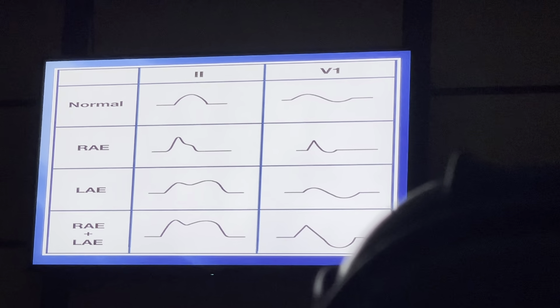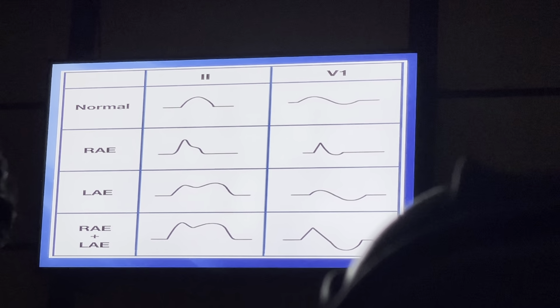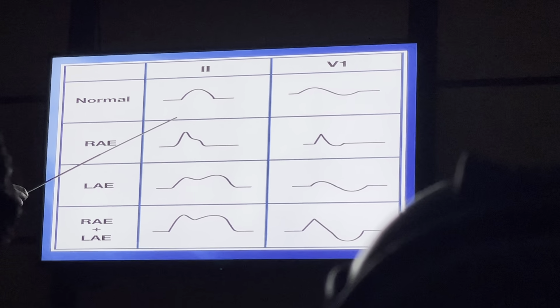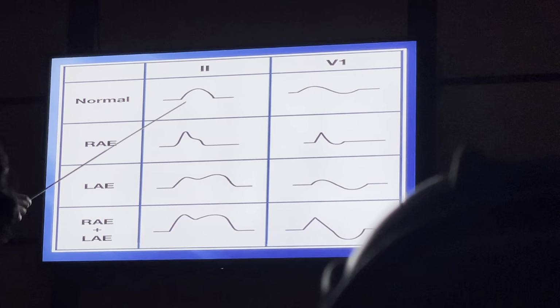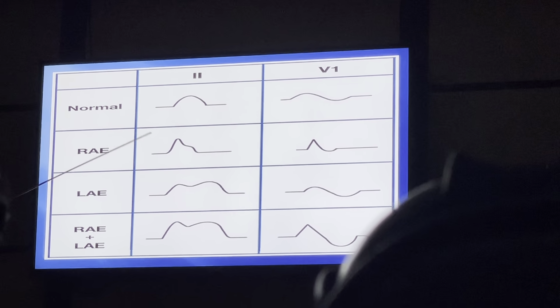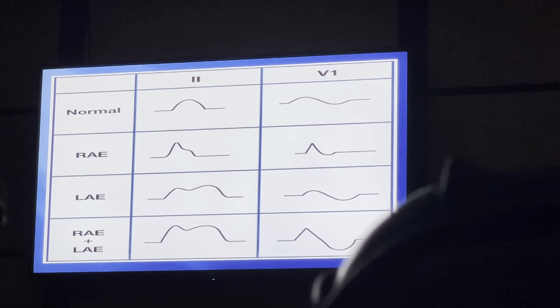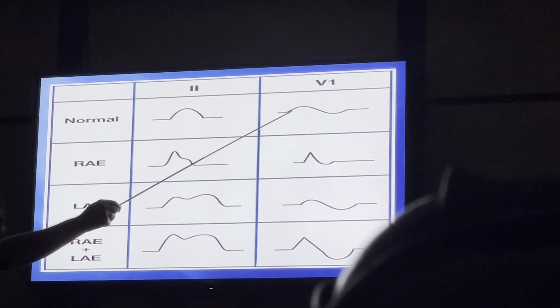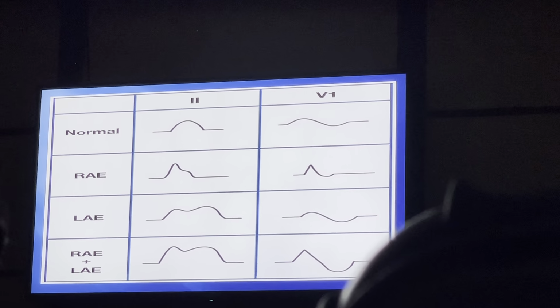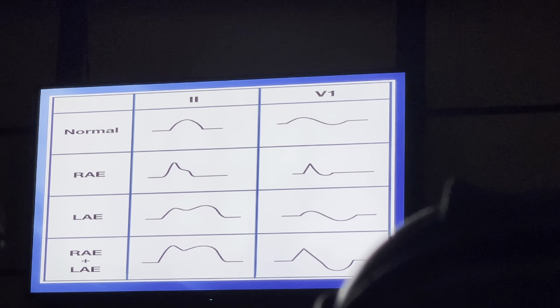Next, these are the normal and abnormal shapes of the P wave. As we have discussed, the normal P wave is 2.5 small squares high and 2.5 small squares wide, and in V1 it has a bifid type. The first part shows the right atrial part, and the second part shows the left atrium. So why is it bifid in V1?